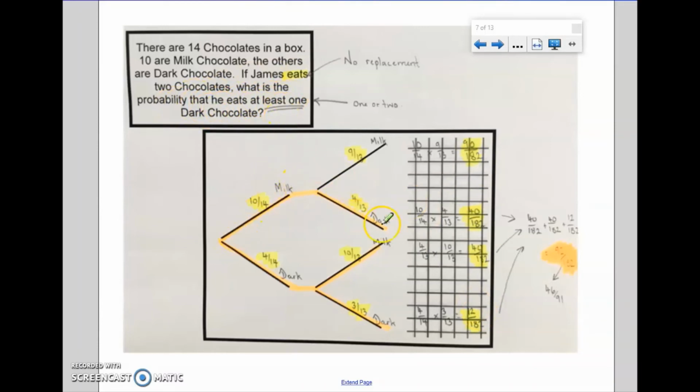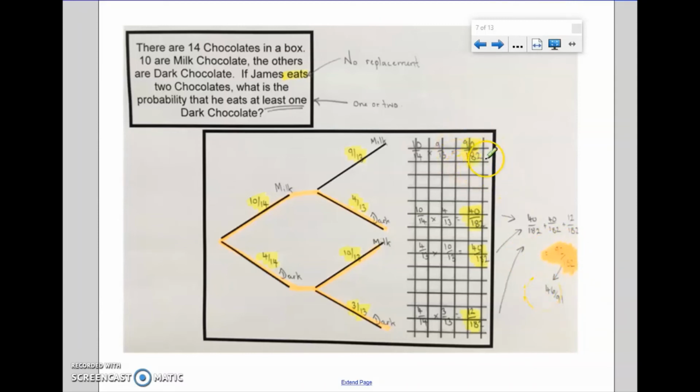So we're interested in the 3 routes I've highlighted on the screen. These 3 probabilities we would add all together to get our final answer of 92 out of 182, which we could simplify down.